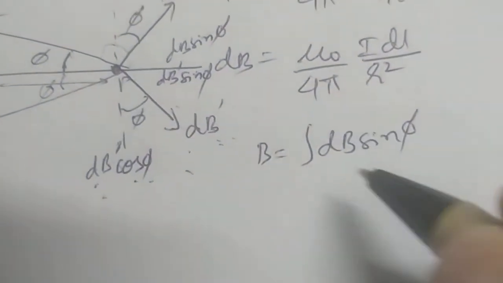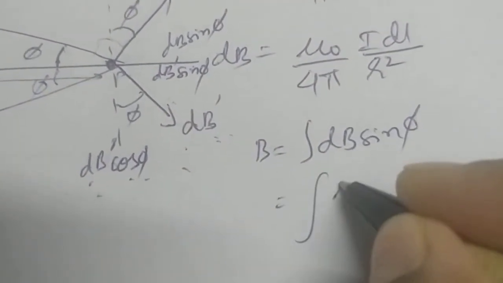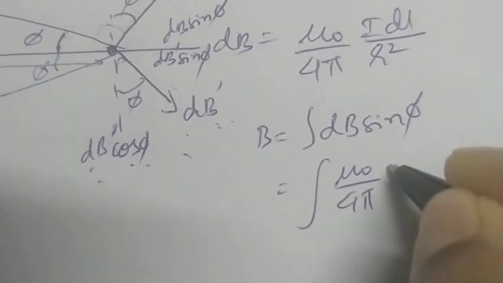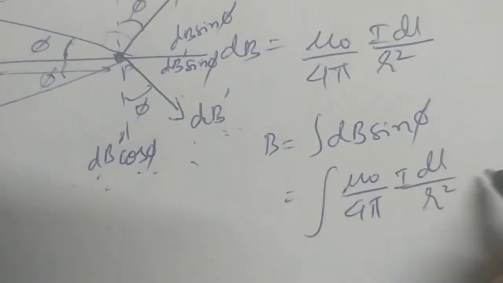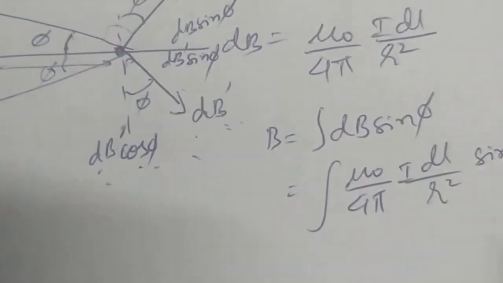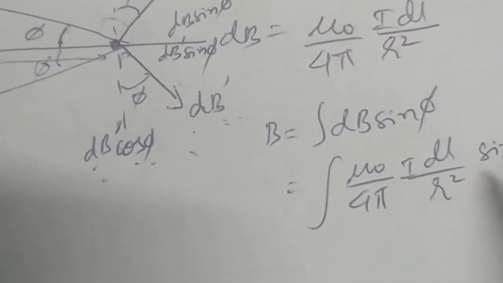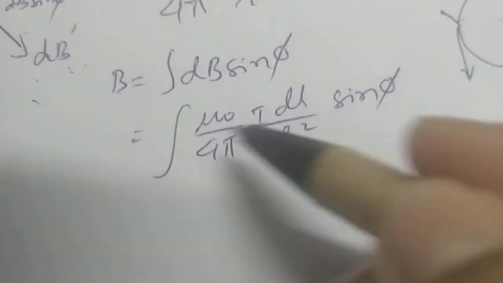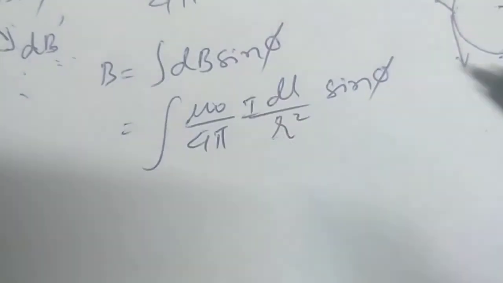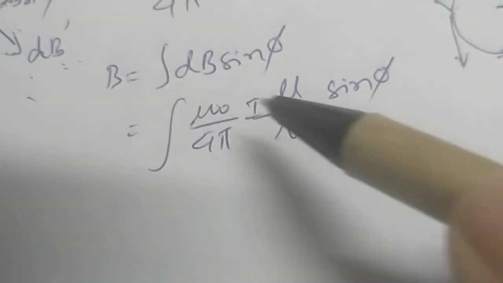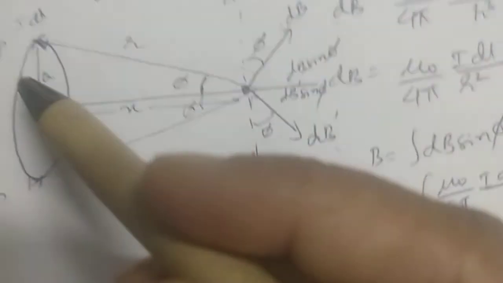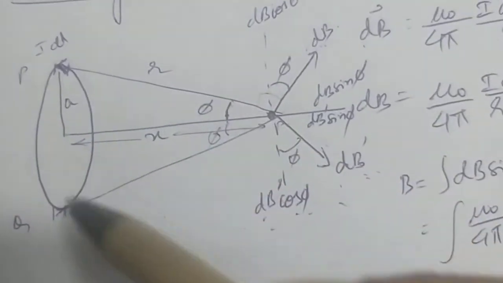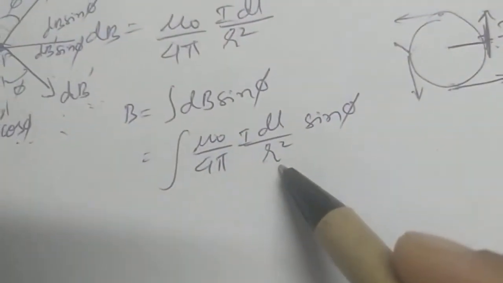So in place of dB, I can write μ0 by 4π, I dl by r squared, sin phi. In this, whatever is constant we can take out. μ0 by 4π I is a constant. R is also constant, because no matter which point you consider, this R will be the same.